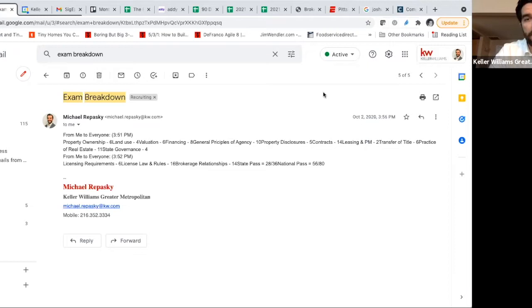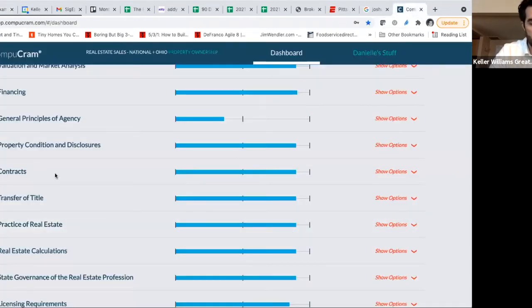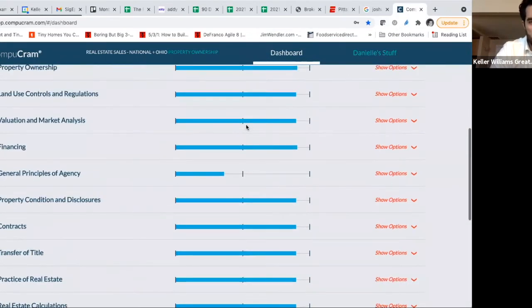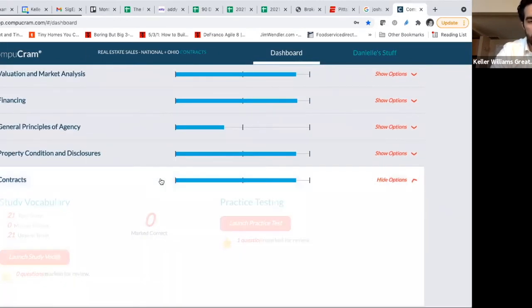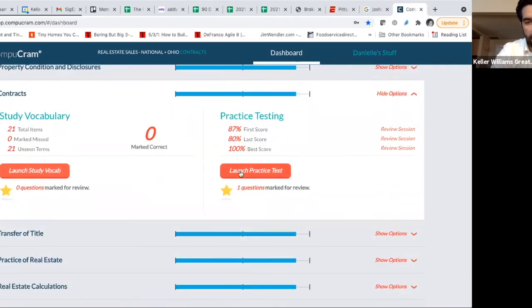So 35 of the 80 questions on your national exam are going to be in those three sections. And you need to get 56 questions right to pass the national portion. So getting all of those right basically means you can go 50-50 on the balance of the questions and still pass. So we're going to dive right in with contracts.